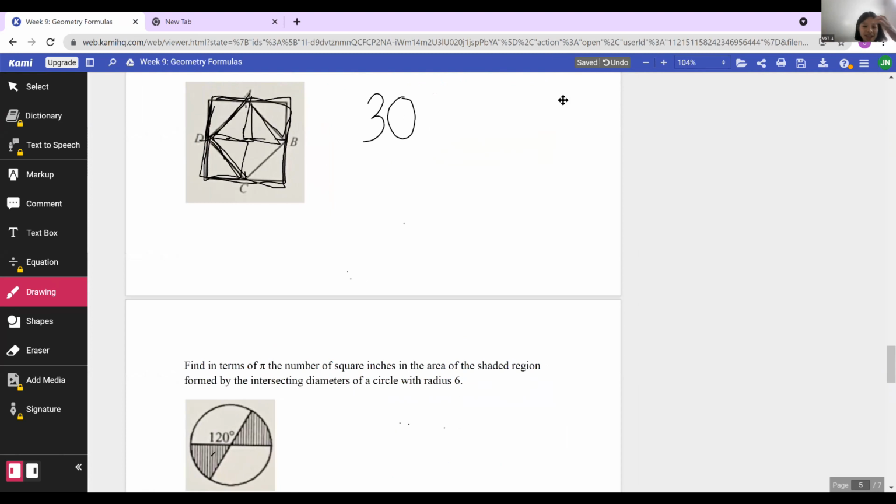So before we discuss the next problem, how are you going along with today's class? Do you think it's easy, hard, medium, and slow or fast? I think it's fine. Good to hear.